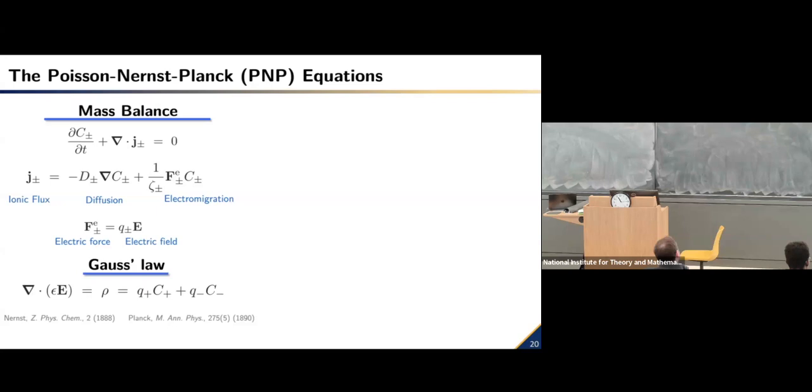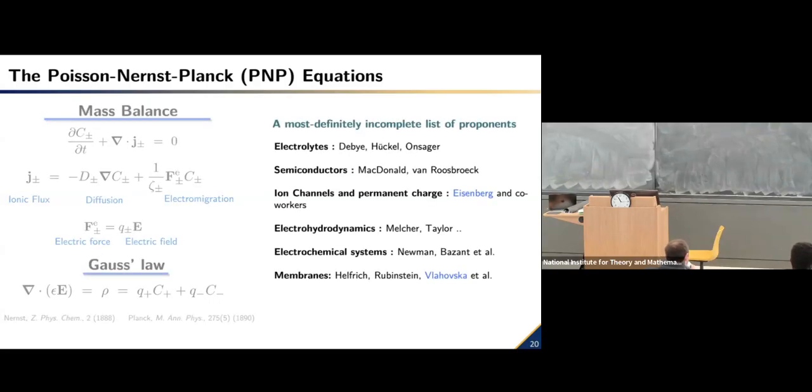And so a few things here, which is that, again, we are not the first to apply this to biological systems. There's a rich history. So these equations were formulated by Nernst and Planck. And then there have been a large number of proponents in different areas. So for example, the earliest work on electrolytes by Debye, Huckel, and Onsager used these equations. They were applied to semiconductors in the 1950s.